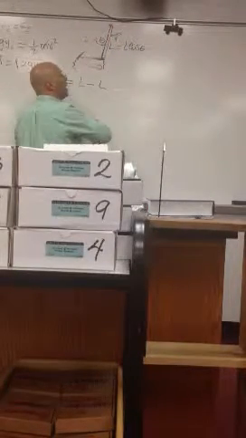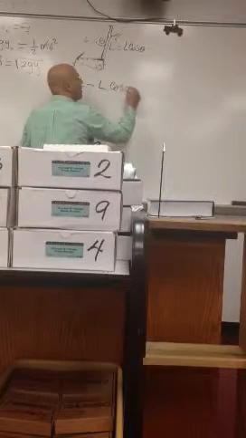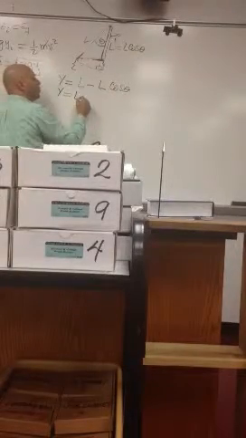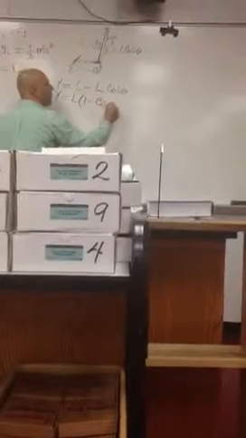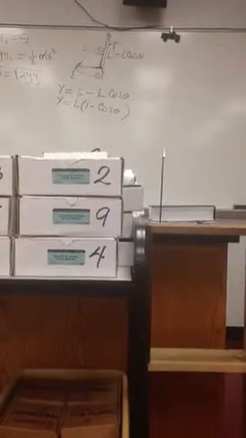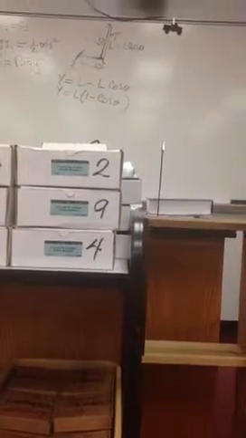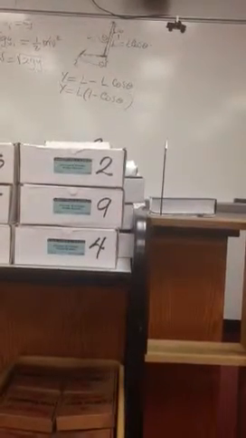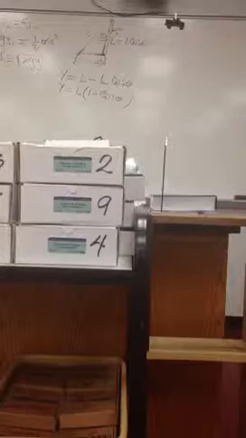So L cosine theta, if I put it here, the height always will be L times 1 minus cosine theta. This is if the angle is given from the vertical. Always the way to find the height in the pendulum is L times 1 minus cosine theta.